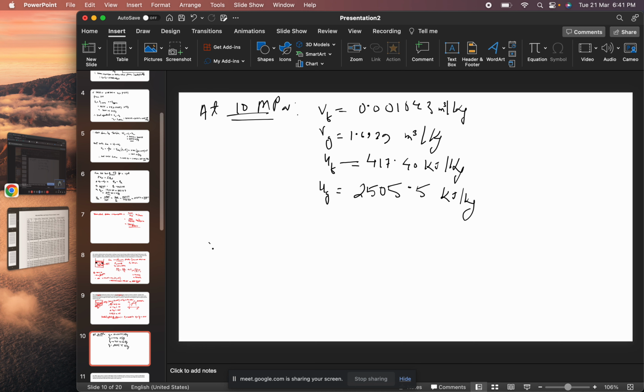Then I can calculate V1. At the initial state of the steam, that is basically Vf plus x Vfg. So put this value: 0.001043 plus x, which is 0.25, times 1.6939 minus 0.001043.